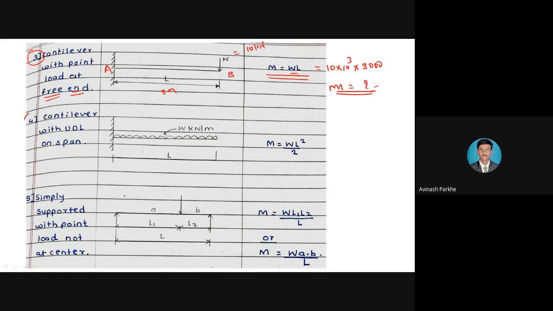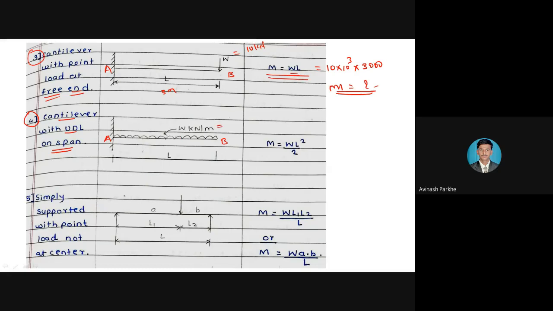Then case number 4, cantilever with UDL on entire span. Again see figure number in which point A, it is the fixed point, point B is the free end, and from A to B, the beam is subjected to the UDL on entire span. Its magnitude is W kilonewton per meter.